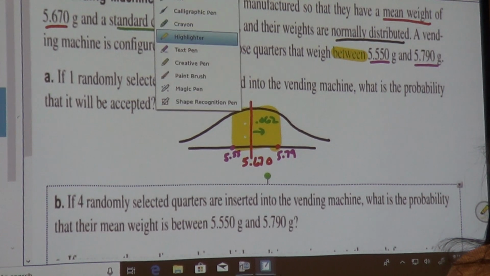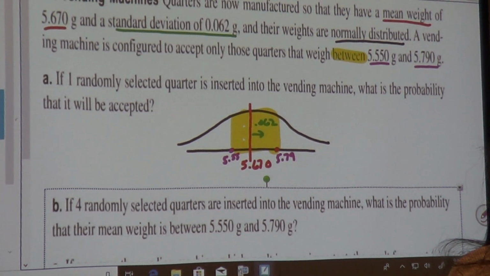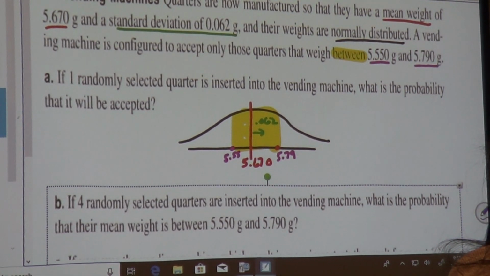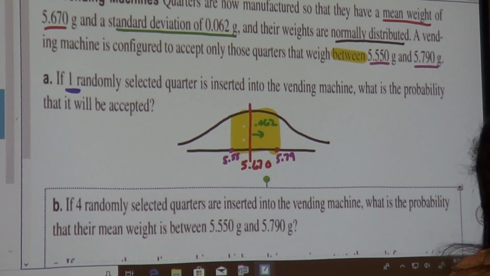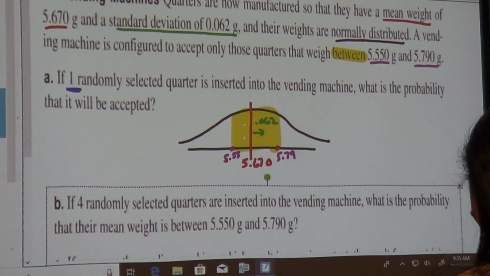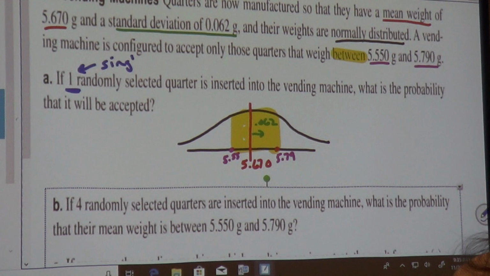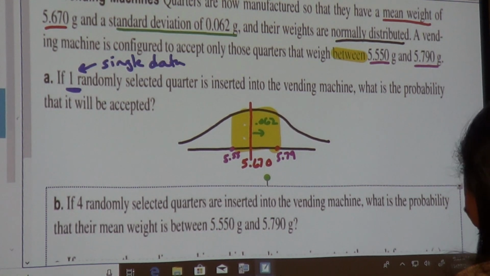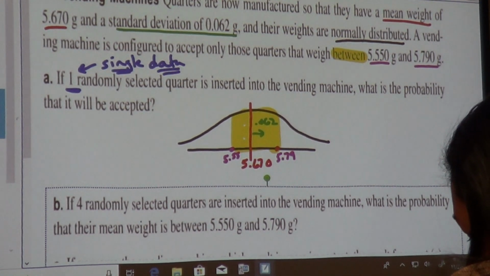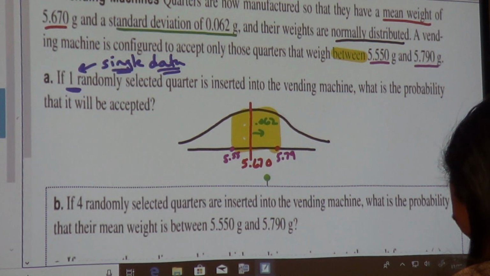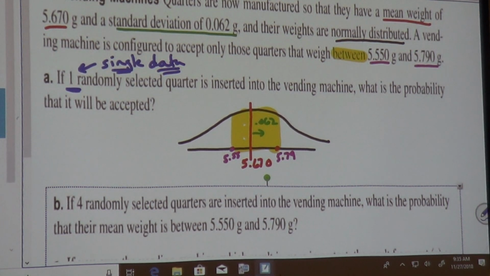Now the first one says one randomly selected quarter. That means this is single data, so your standard deviation is what it is. Because we're finding the probability, the inside, are we doing normal CDF or inverse norm?